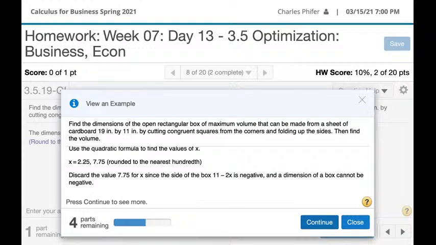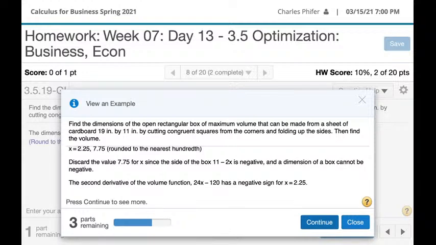Let me see. If we did the 2.88, let me check something real quick. No, we plugged that in already, and we didn't get a negative anywhere. Let me keep going. The second derivative is negative, should be concave down. Oh, okay. So they're saying discard the value of 7.75. Yeah, we're good. I think we're okay there.